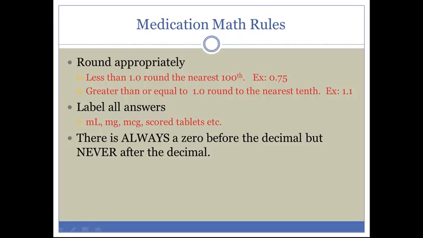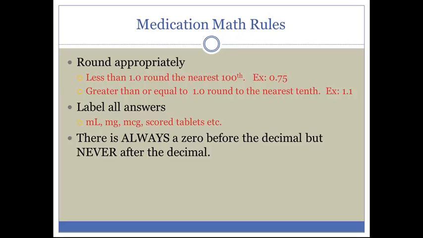If you have greater than or equal to 1.0, round to the nearest tenth. So 1.1 is a good example of how we would round to the nearest tenth. Label all your answers, so either milliliters, milligrams, micrograms, scored tablets, etc. That needs to be in your answer or it will be wrong.